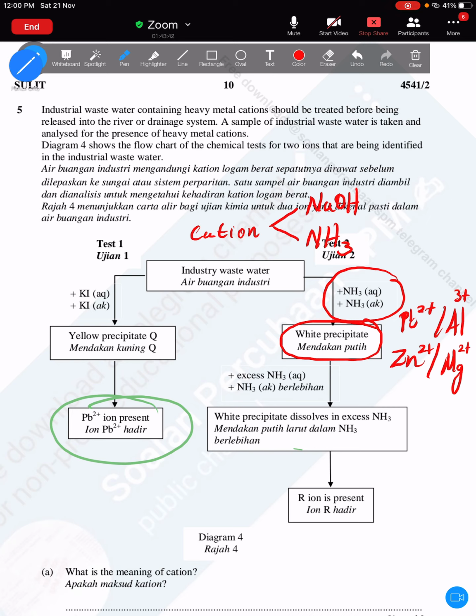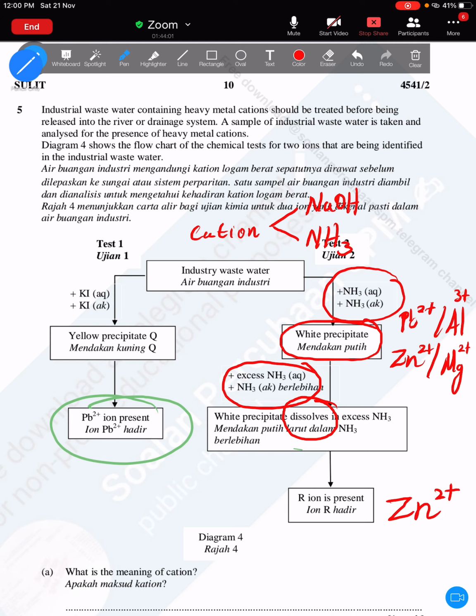When you put in excess of this and they notice the white precipitate is dissolved, you must remember when you put the ammonia in excess and it dissolves, the only cation that dissolves will be Zn2+.